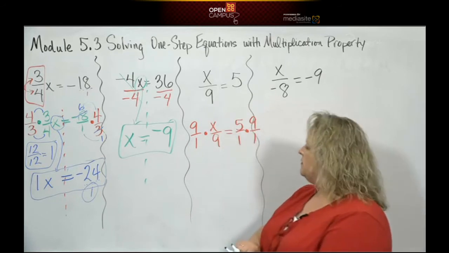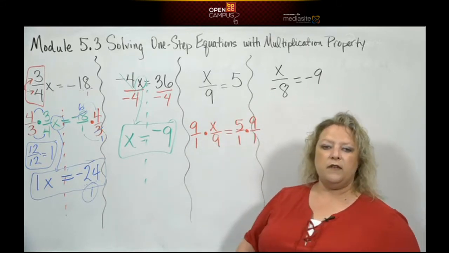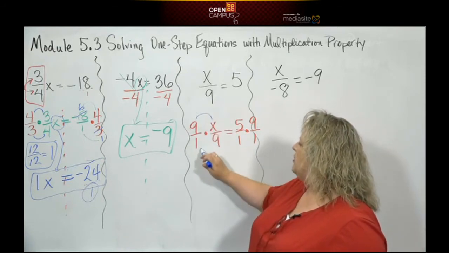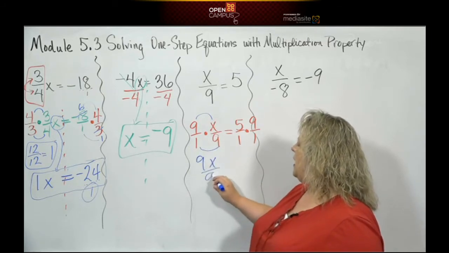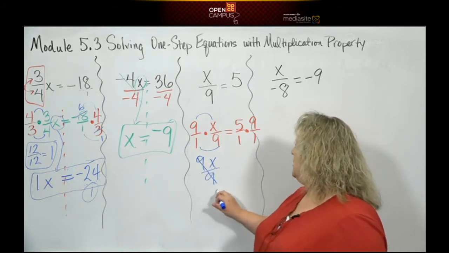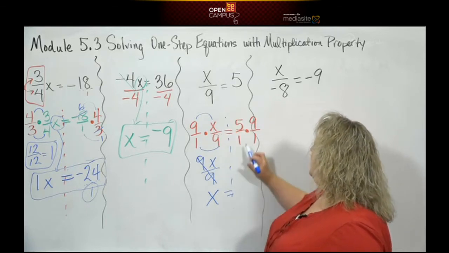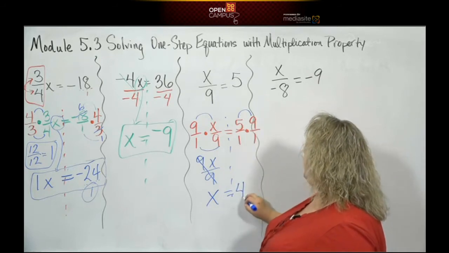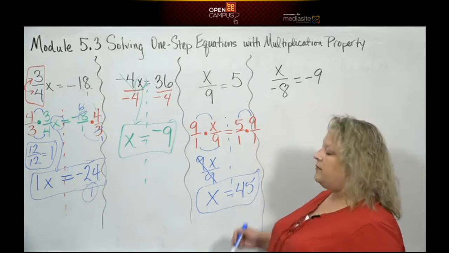So there it is. If you want to divide this out now, you can. If you want to multiply top times top, bottom times bottom, you can do that too. But you get 9x divided by 9. And 9 divided by 9 is, guess what? 1. So here I get x is equal to, here's my wall, and then I have 1s at the bottom, so I just do top times top, and that's 45. And since everything was positive, that's my answer, positive 45.